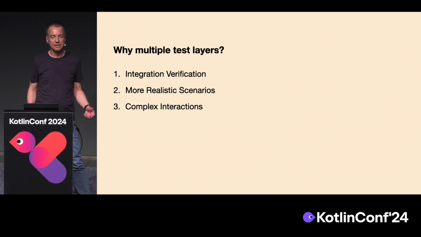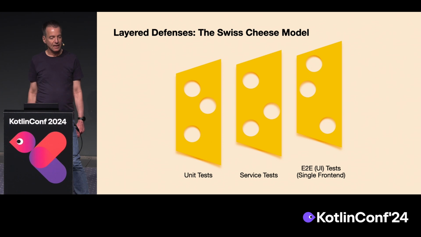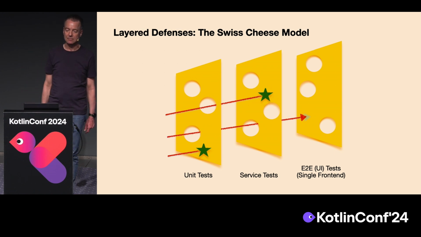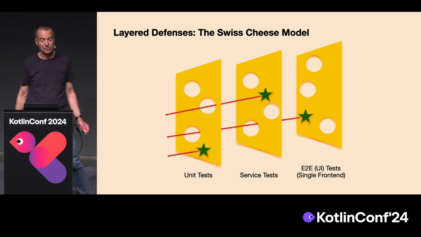So we could also look at it another way. The Swiss cheese model. No single layer is perfect. Multiple layers catch more bugs. Some bugs can be caught by the unit test layer. Other bugs go through the unit test layer but will be caught by service tests. And then even more bugs may be caught by end-to-end tests, not caught by the other two.